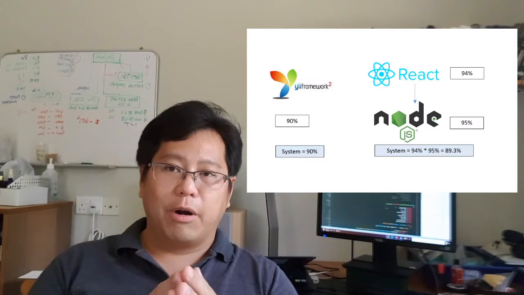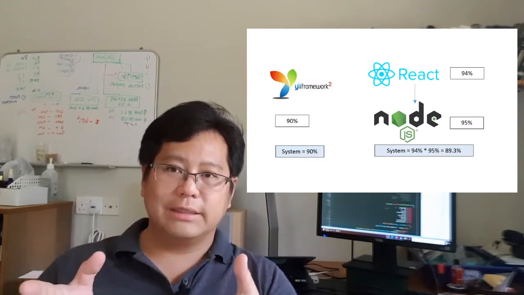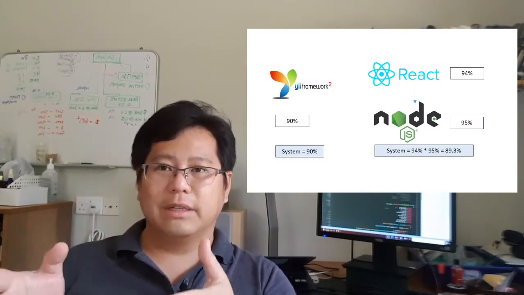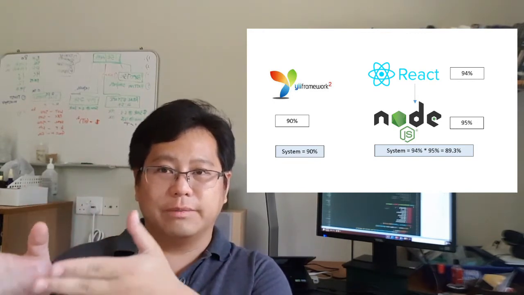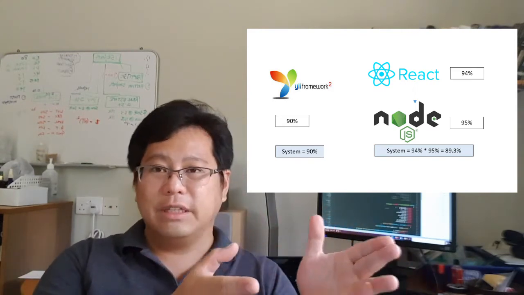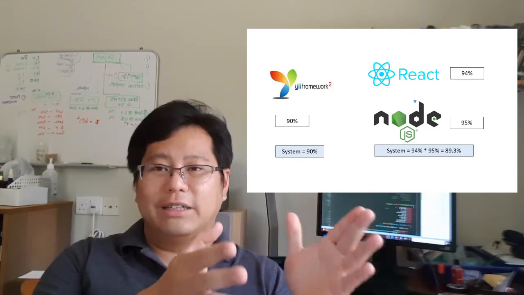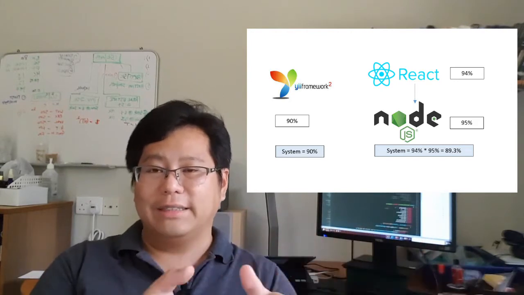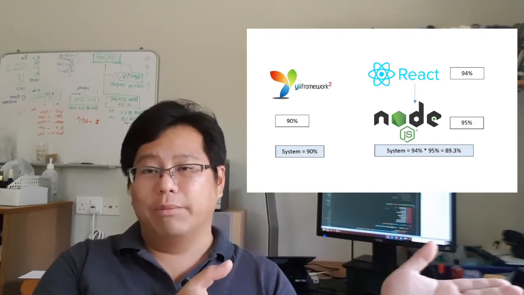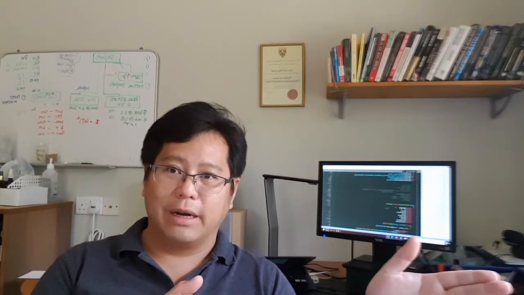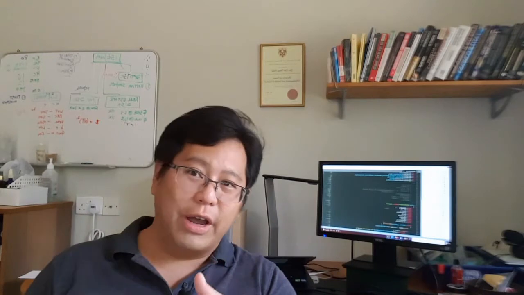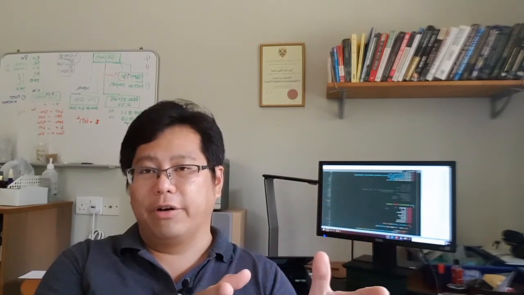If you look at the probability, say you understand 80% of the Yii framework. For the other one, even if you knew 90% of each, the chance of you knowing both of them is 90 times 90, and that's 81%. So the more you have in the chain, the more difficult the system becomes and the harder it is to handle. And if you add one more on top of that, say you add JavaScript or a plugin, it gets worse. So this is a very simple scenario.